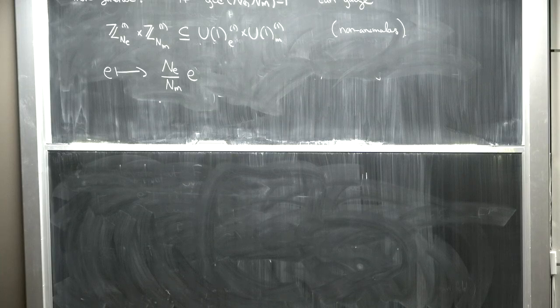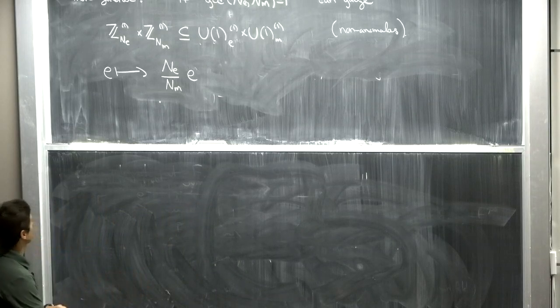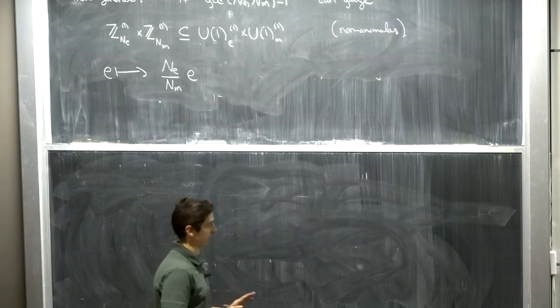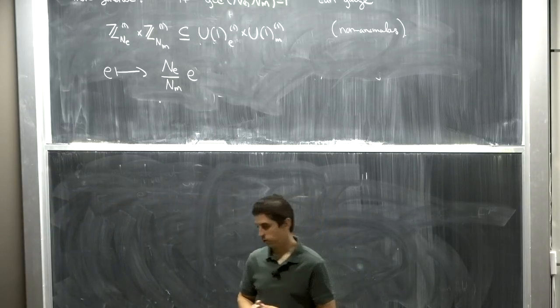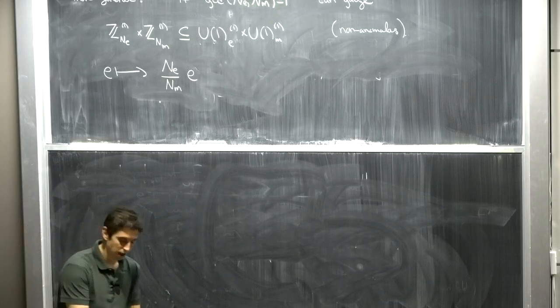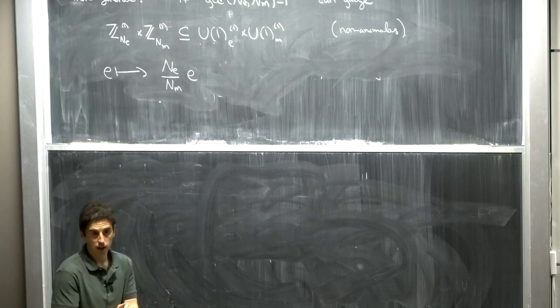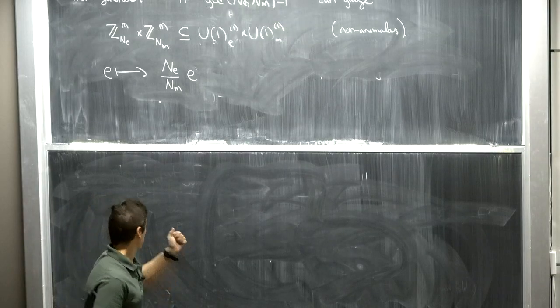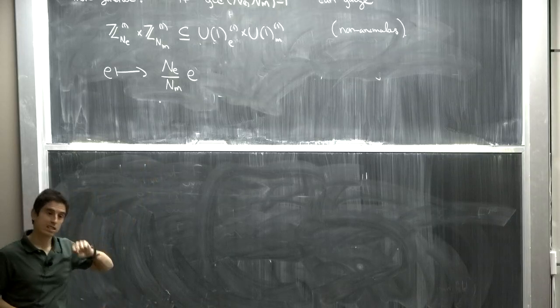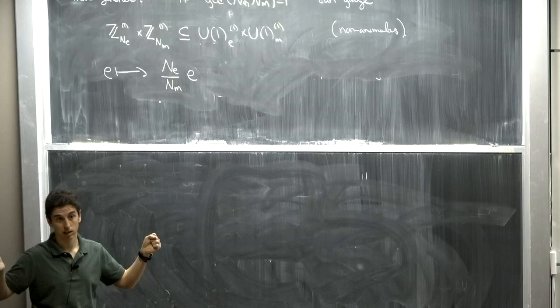But the full content is not captured in this e change, right? Because we also have to keep track of what lines we have to keep. The question is, is the full content captured in this e change? The answer is yes. So let me recap the logic a little bit. When I say that gauging gets you back to Maxwell with a modified coupling, what I mean is that the modified Maxwell theory again has, after I've changed the coupling, the minimum Wilson line of charge 1 and the minimum magnetic charge 1.